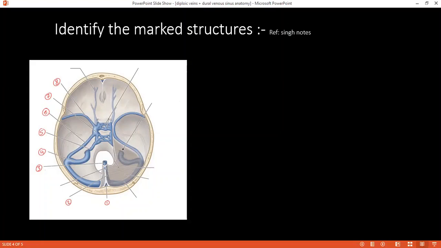At the floor of the fourth ventricle, there are the lateral foramina of Luschka and the median foramen of Magendie. From there, it goes into the subarachnoid space, then to the arachnoid villi and then into the sinus. Good. Very good.